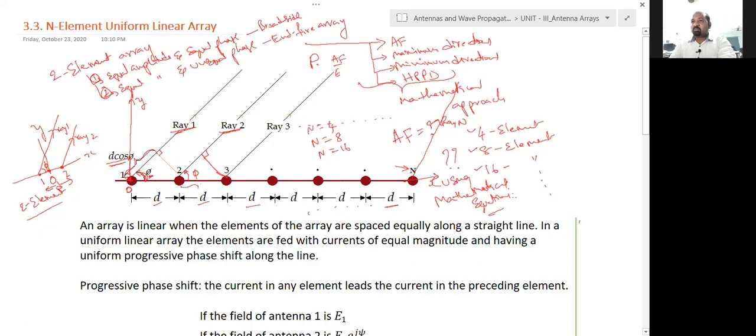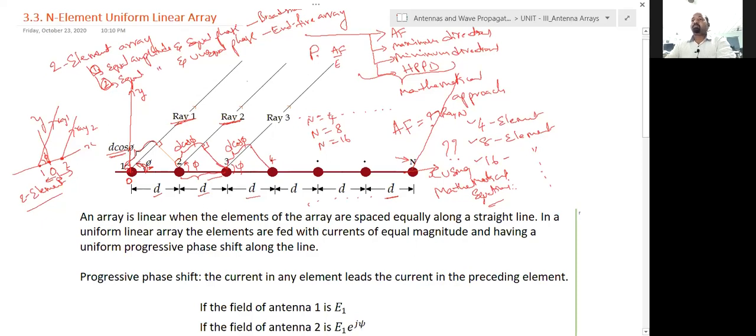If this is D, this is D cos pi. Similarly, between 3 and 4, the path difference is D cos pi. Therefore, the path difference between any two adjacent antennas is D cos pi. It is the same.